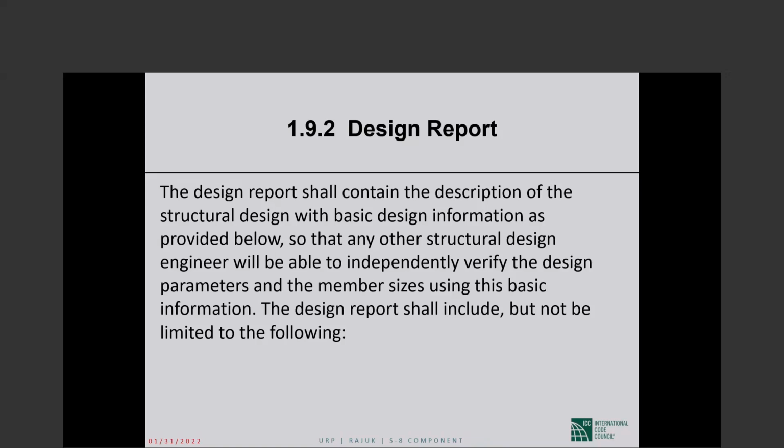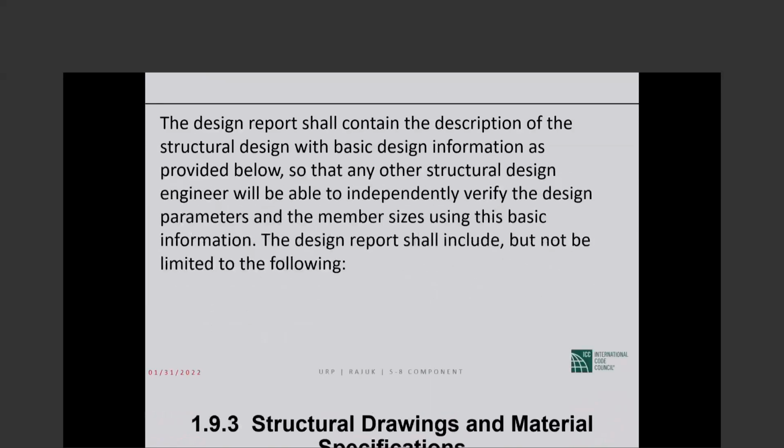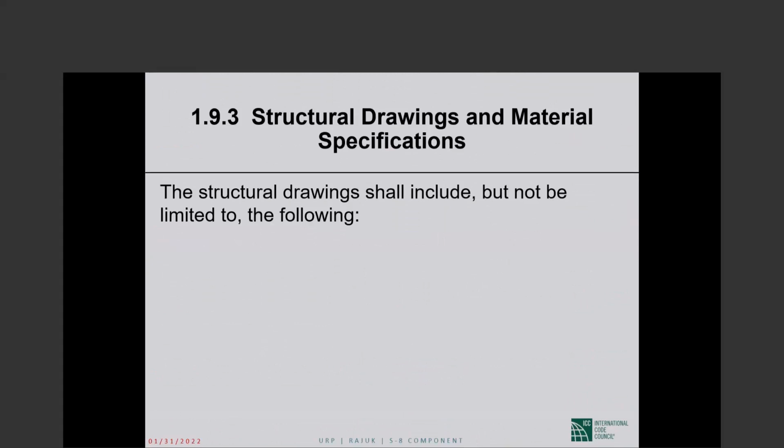There is a list, so that any other structural design engineer will be able to independently verify the design parameters and the member sizes using this basic information. So somebody else should be able to verify your design based on the information you provide in the report. The design report shall include but not be limited to the following. As I said, I didn't go into the list.